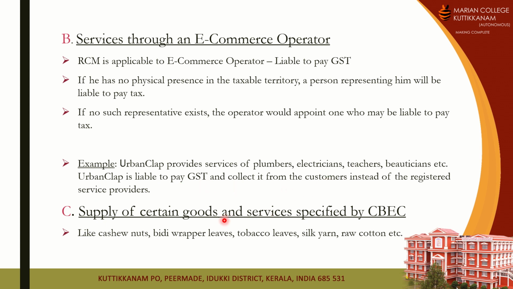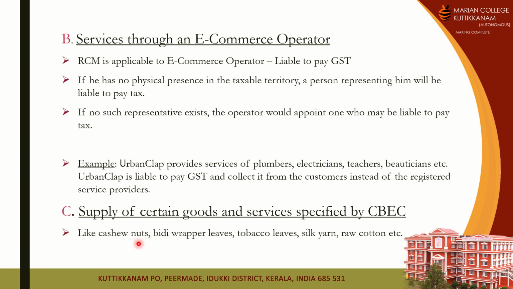Okay. And the third case is the supply of certain goods and services specified by the CBIC, that is, certain particular types of goods and services which are already mentioned by the board. These goods or products will come under the reverse charge mechanism concept.